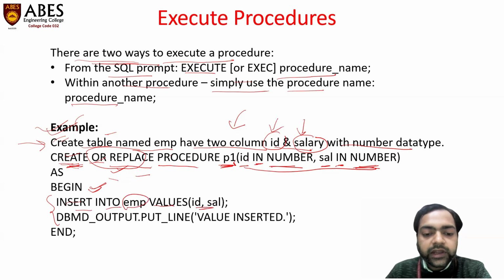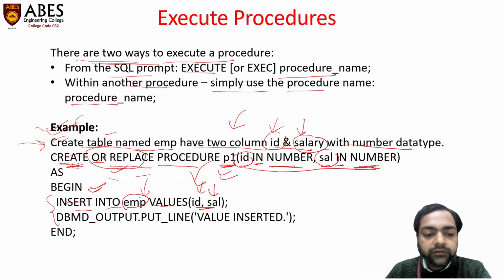Now here, in the case of a procedure, what will be this ID and salary? Whenever we execute this procedure, we need to provide the values of ID and salary. So this will be the ID and the salary value will pass to this operation, and these values will be inserted into the table named employee, right?